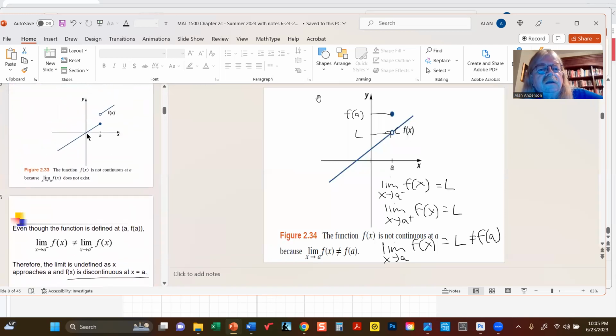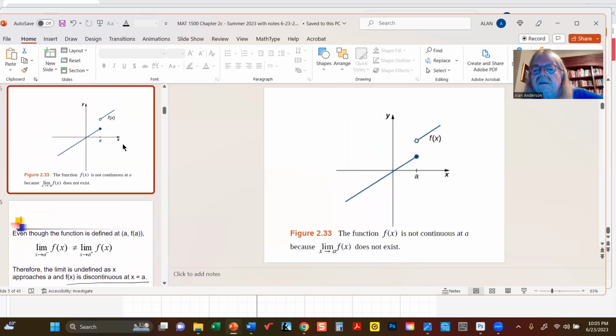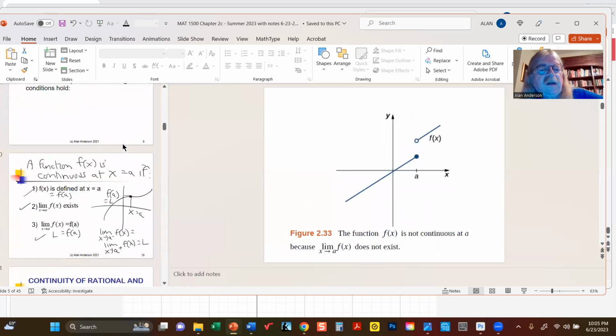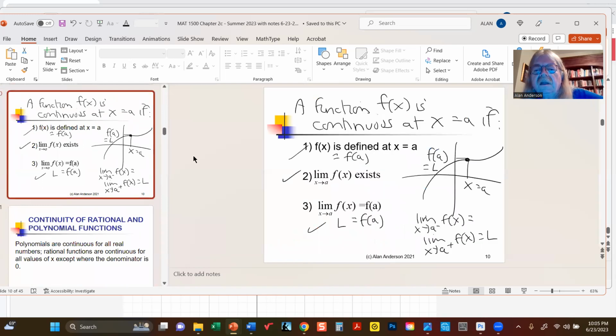With this graph, the problem is that numbers 2 and 3 fail to hold. So all three have to hold in order for the function to be continuous.